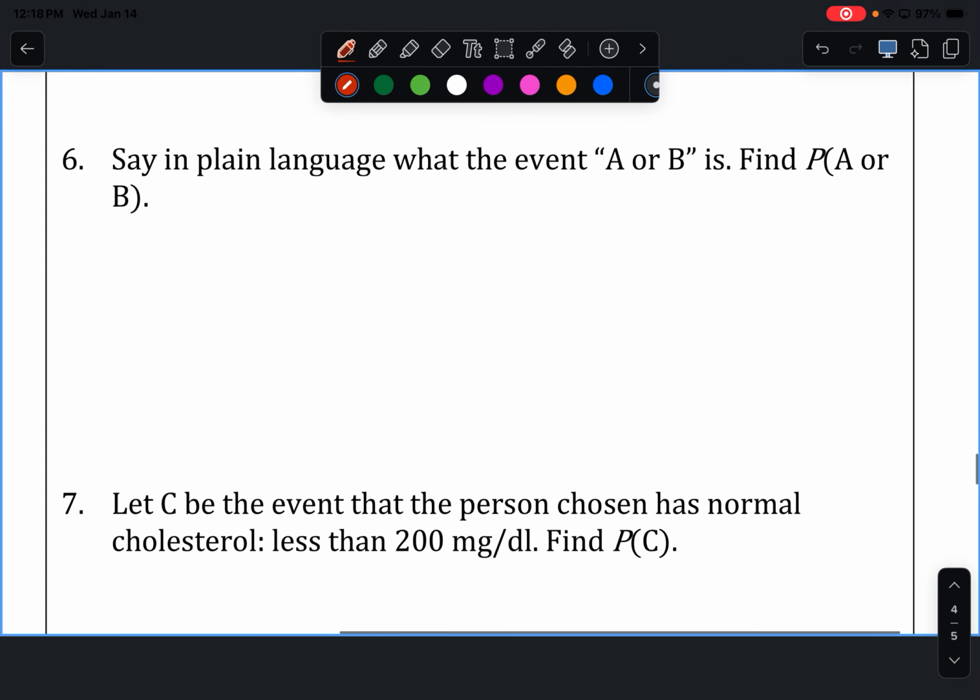Okay, then number 6. It asks us to say in plain language what A or B is. Because it's wanting us to find the probability of A or B. What is event A? Having high cholesterol. What is B? Okay, so if it asks us A or B, what is that asking? What the probability is that you will have one or the other.